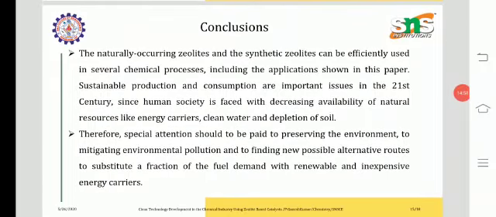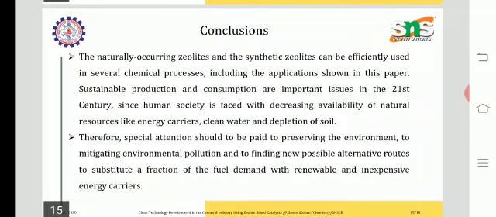So, coming to the conclusion, the natural zeolites and synthetic zeolites. So, what is natural zeolite? Natural zeolite is a zeolitic material which we can get in nature, like mud. It's called green mud. It is a form of silicates combined with sodium, a silicate of sodium. And what about synthetic zeolite?